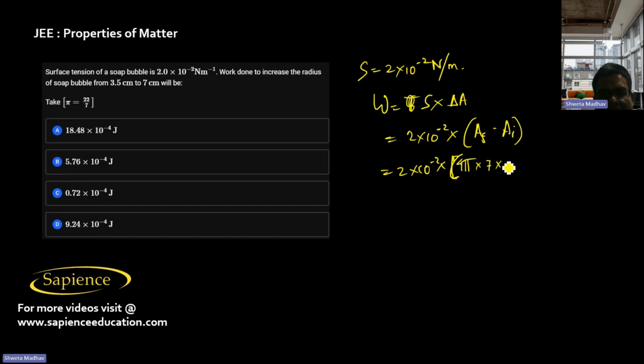4 pi r square, 7 into 10 power minus 2 whole square, minus 4 pi into 3.5 into 10 power minus 2 whole square. So this will be 4 pi, I can take as common out.